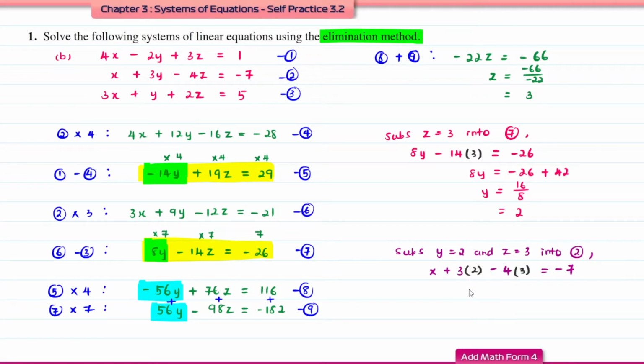So here you're going to have x plus 6 minus 12 equal to negative 7. So here is equal to negative 6. Move it to the right hand side. So x equal to negative 7 plus 6. Therefore, x is equal to negative 1.